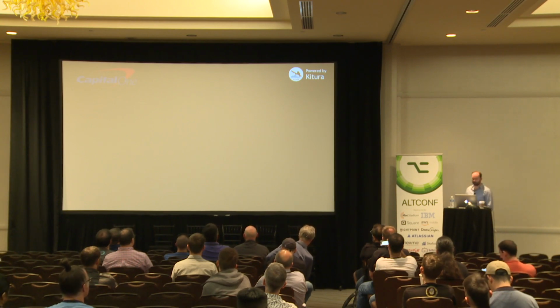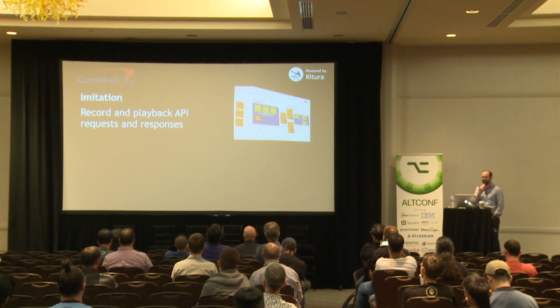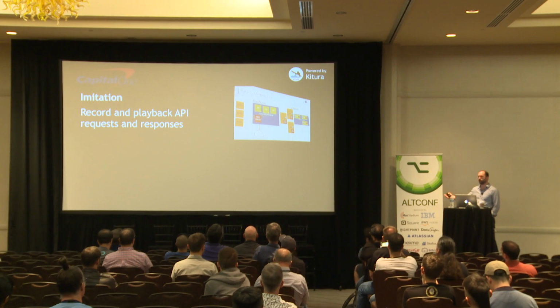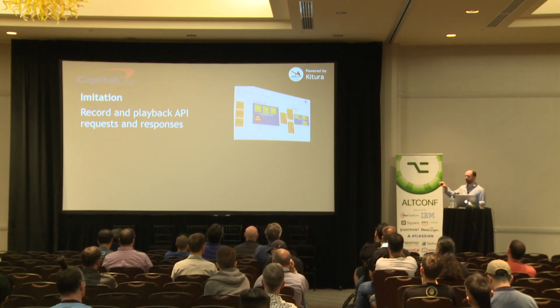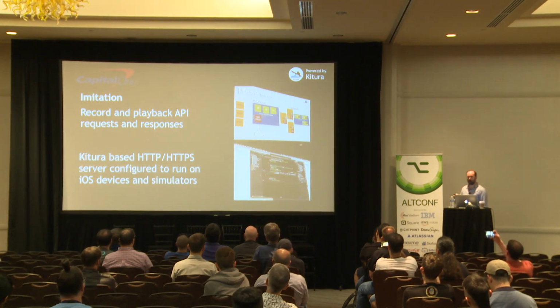And the usage that they talked about was something they created called imitation. So this is a record and playback server for API requests and responses. So during their own development, in order to be able to work against back-end APIs, which serve banking requests, they record requests against those APIs and their responses, and then they can take that recording and they can run it directly in iOS and in the iOS simulators.